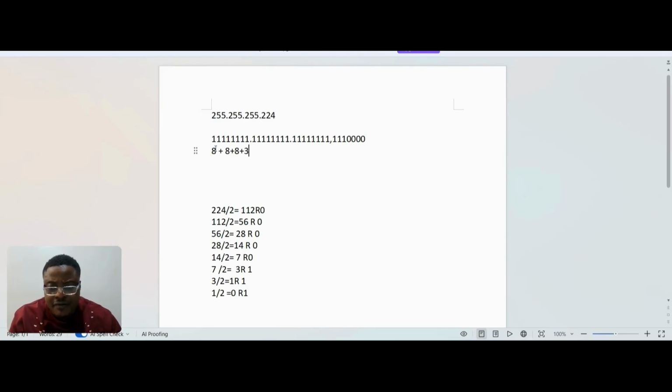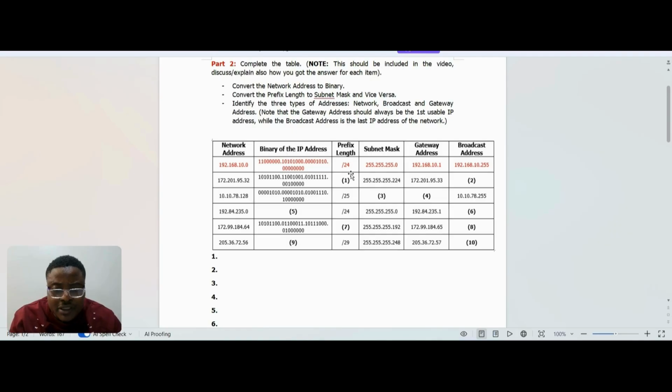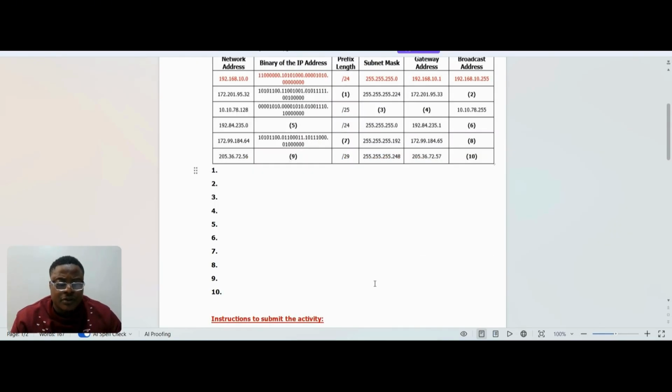So you have three octets of 8 ones and 3 ones in this octet, which is a total of 27. So the answer is 27. So I'll go here and put the answer 27. So the answer to number one is 27.